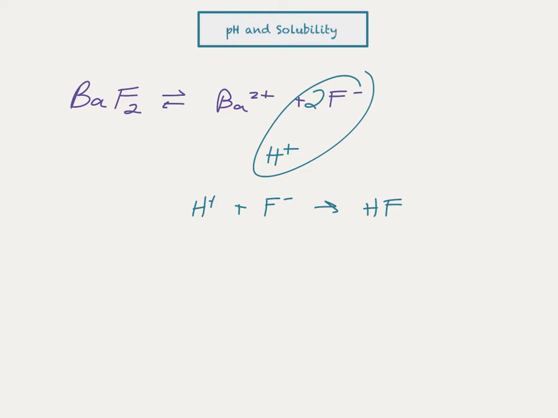This effectively removes some of the F minuses from solution, lowering that amount. And then according to Le Chatelier's principle, again, more of my salt will dissolve so that I can reach that K value that we desire.